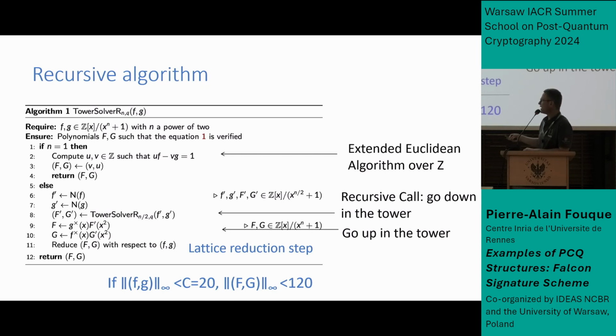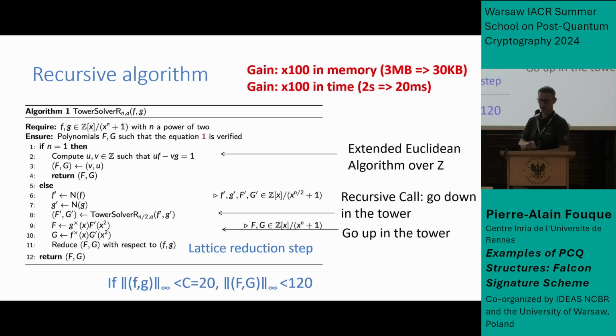And basically, at the end, the values of small f and small g have coefficients that are below 20. For capital F and capital G, they are a little bit larger, but it's 120 at the end. So it's quite short compared to the value Q. The value Q for Falcon is 12,289.